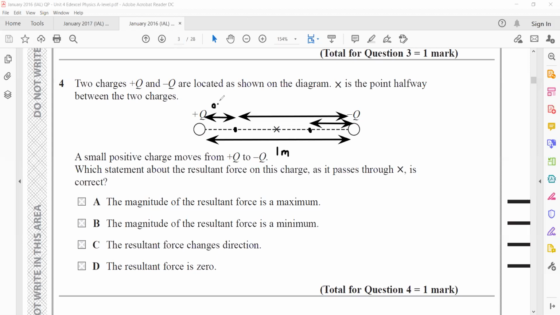So this is 0.25, this will be 0.75. Or this will be 0.75, and the other one will be 0.25.